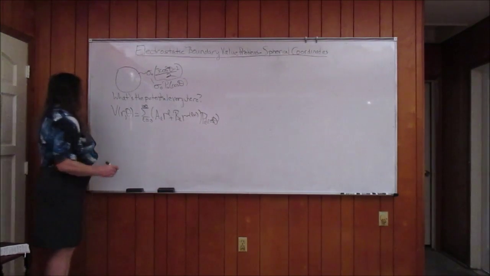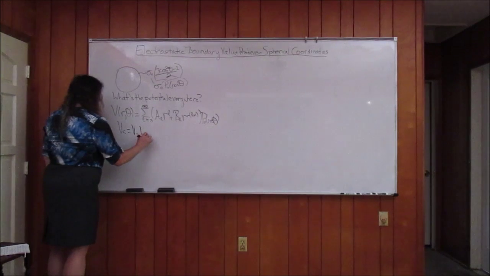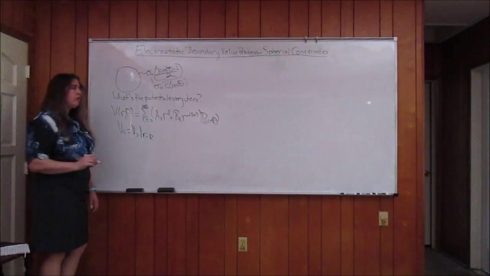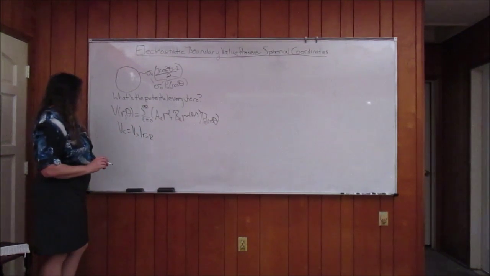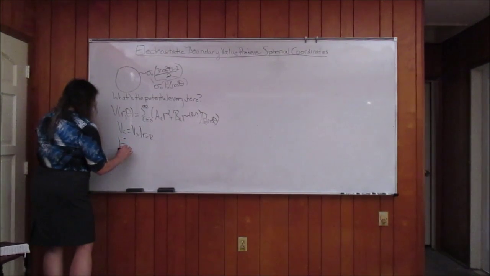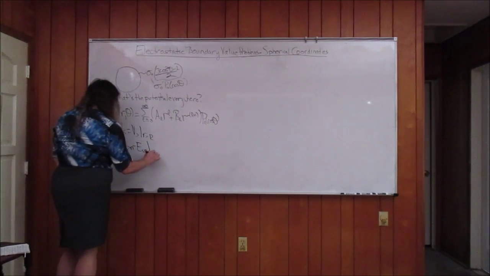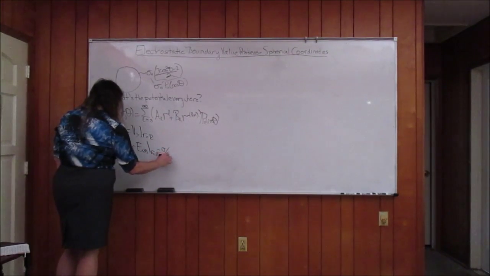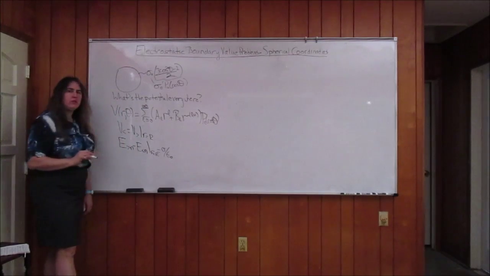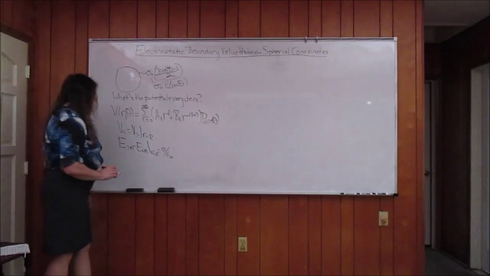Boundary conditions, well, potential is continuous across the boundary, but there's a discontinuity in the electric field at the radius of the sphere, that's equal to the surface charge density divided by epsilon naught.